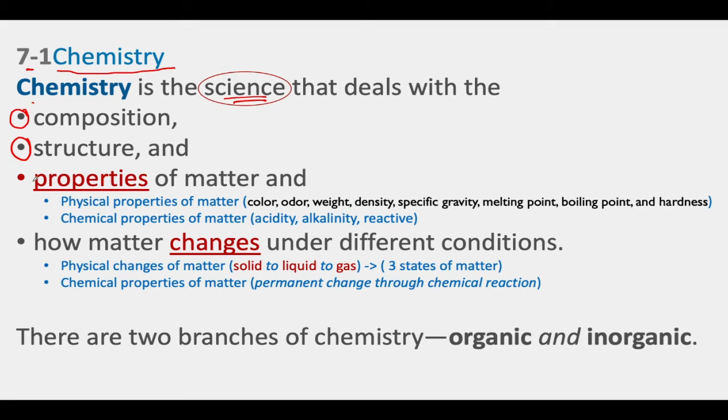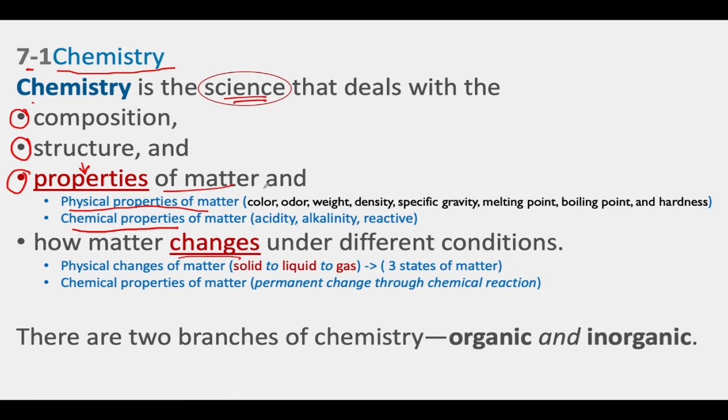But something that is important to us at this point is to look at properties of matter. Under chemistry, we will look at properties of matter and how matter changes under different conditions. Going back to properties of matter, there are two types: physical properties of matter, and chemical properties of matter.